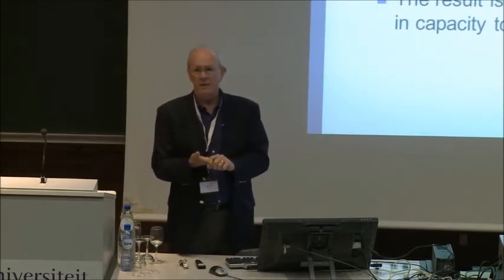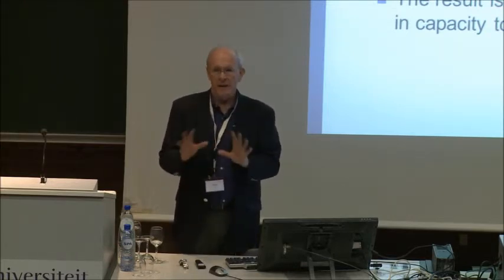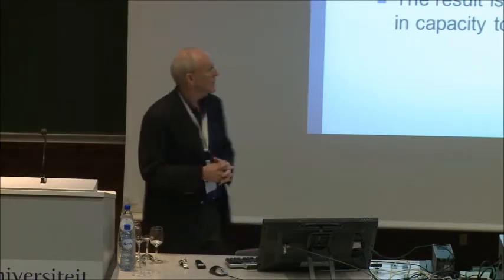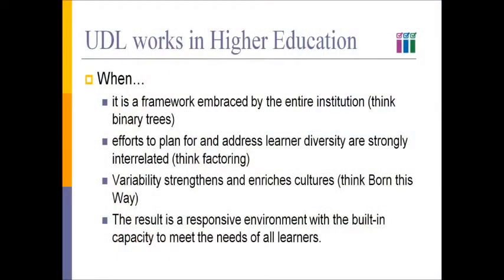And one of the challenges we have in post-secondary is really making sure that we stand on the side of faculty and the institution and say, absolutely, maintain your high expectations, but don't confuse the goal with the means of achieving the goal. Because you may discover that there are 15 different ways to get to the goal, not just the 3 you're currently using. And that's really important. The more ways we can provide for students to get to the goal, the better the chances are they'll get there.